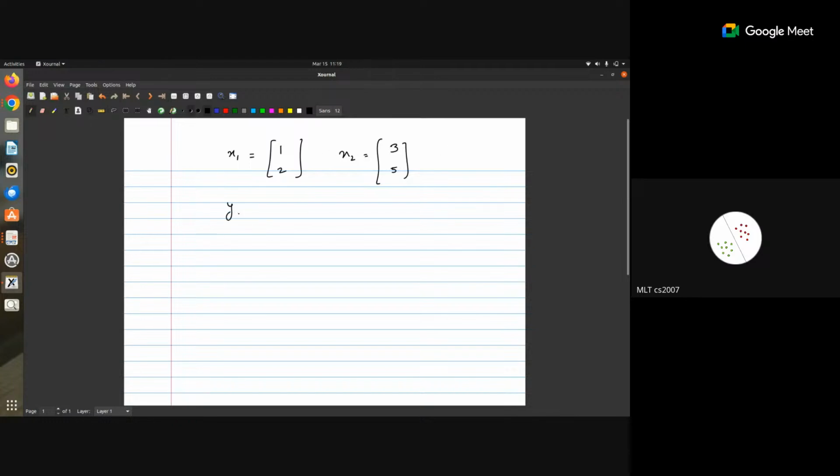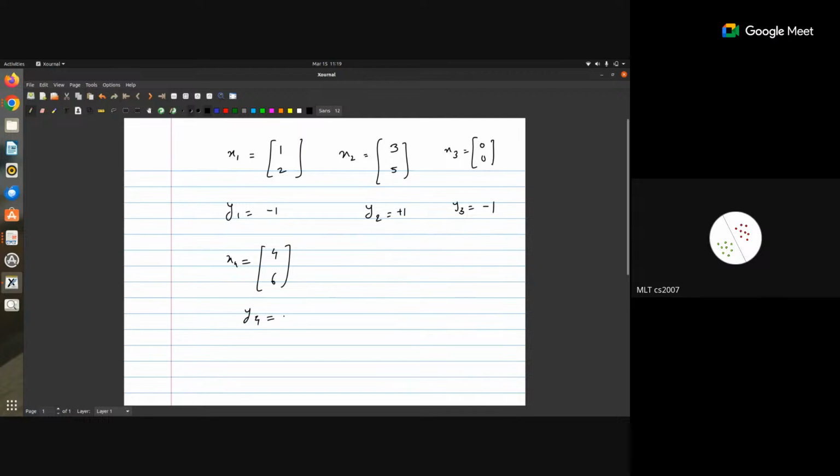Its corresponding label is plus or minus 1, and here the label is plus 1. Another data point is 0, 0 with label minus 1. One more data point x4, say 4, 6, with its corresponding label. This is generally how your data set looks.